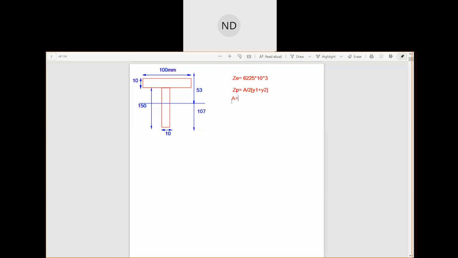It is 100 into 10 plus 150 into 10, which is our total area. That is equal to 2500 mm square.